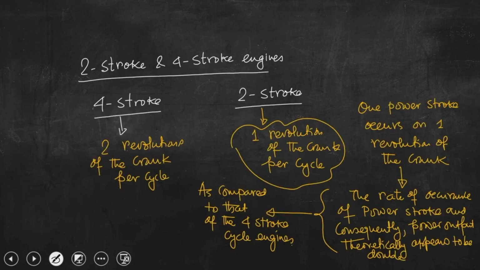So, let me tell you once again, since the rate of occurrence of power stroke, that means the power output which we have discussed now seems to be theoretically double as compared to that of the 4-stroke cycle engines, it is because of this reason speed of the 2-stroke cycle engines is reduced. Otherwise, excessive rise in temperature may lead to the failure of several mechanical components owing to the thermal stress generation or development.